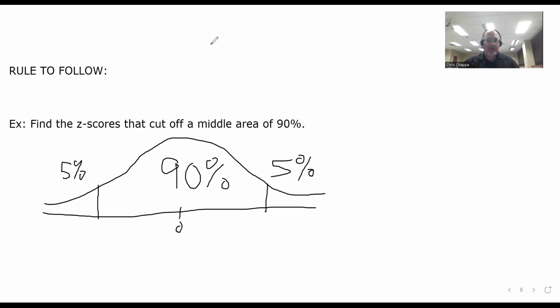In order to find the left z, we need to think of this area as a 4-digit decimal. 5% as a decimal is 0.05, but as a 4-digit decimal, 0.0500. So that's what that left area is. And now we just have to go in the z-chart and figure out what z cuts off a left area of exactly 5%.